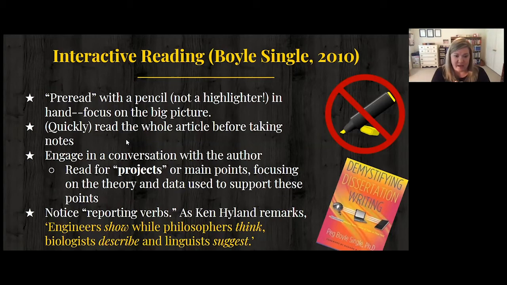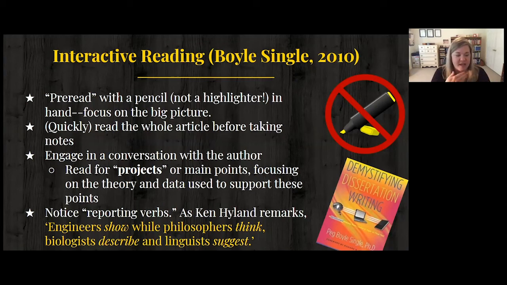Finally, on this slide, I'm really taken by Ken Hyland's suggestion that as we read, we should read for reporting verbs. So different disciplines use different verbs to describe their actions of study, right? Engineers show a thing. Philosophers think a thing. Philosophers are not going to say, I believe this, right? That's not something they would say.